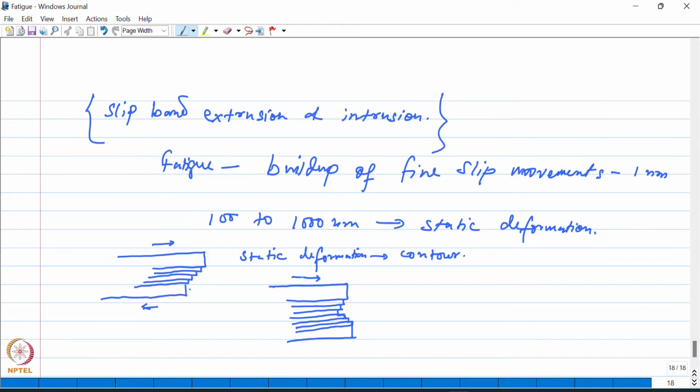So due to back and forth slip movement, it can lead to formation of a notch or intrusion like this.